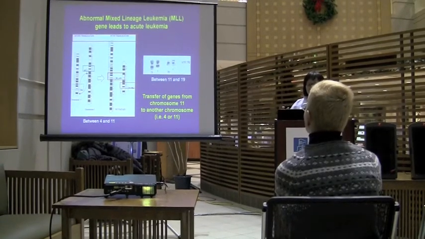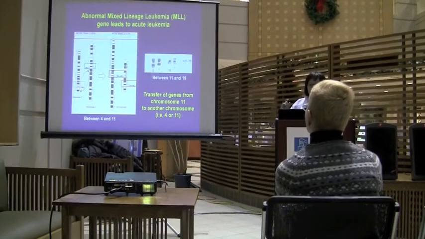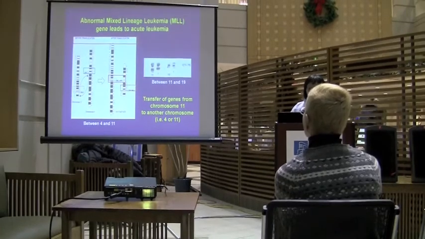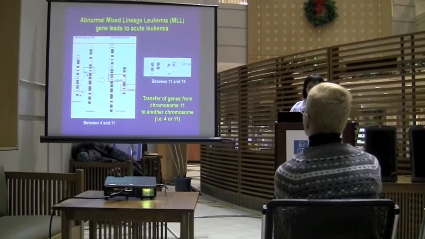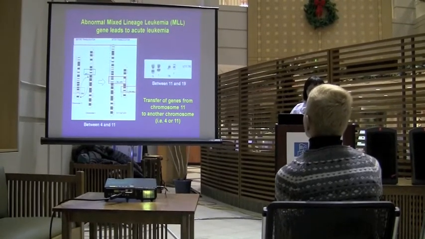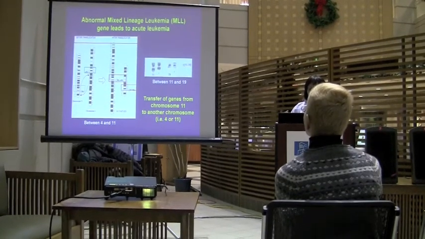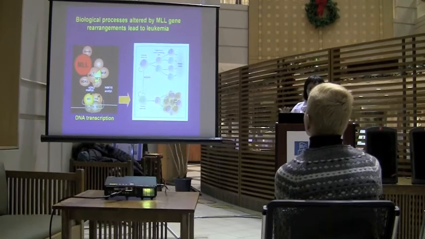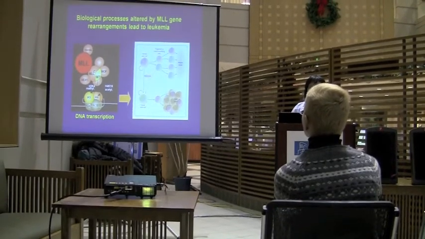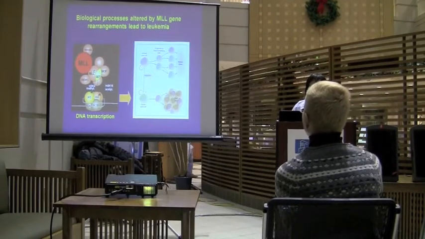The transfer of genes from chromosome 4 to 11 to form a new gene, the MLL gene, leads to abnormal gene function. The abnormal gene functions that result from these abnormal portions of 4 and 11 are what actually lead to changes in the normal blood cells that lead to leukemia.